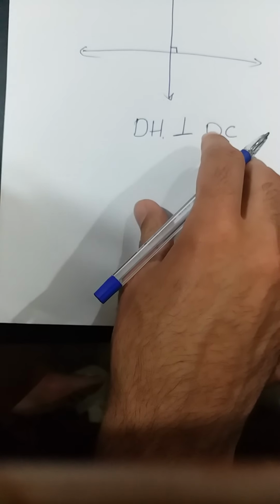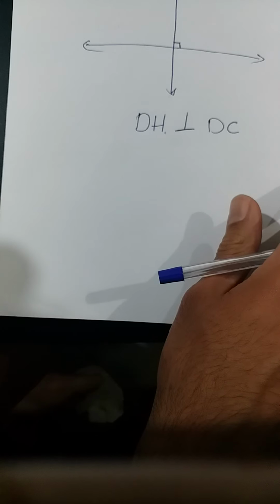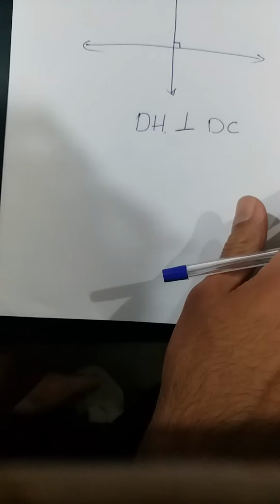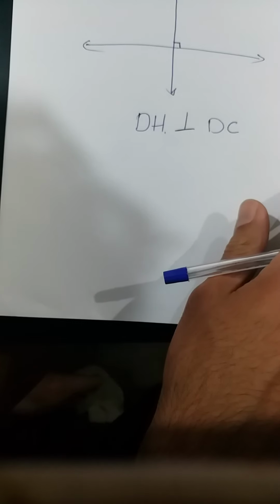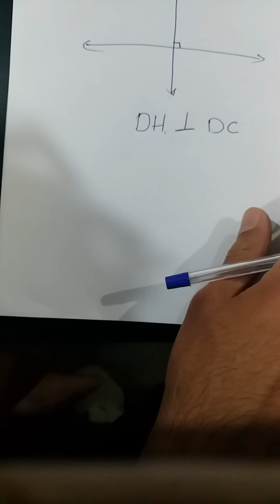The question number 2, he wants me to find parallel lines. I am having here three pairs of parallel lines. I want you to pick only one pair of parallel lines.